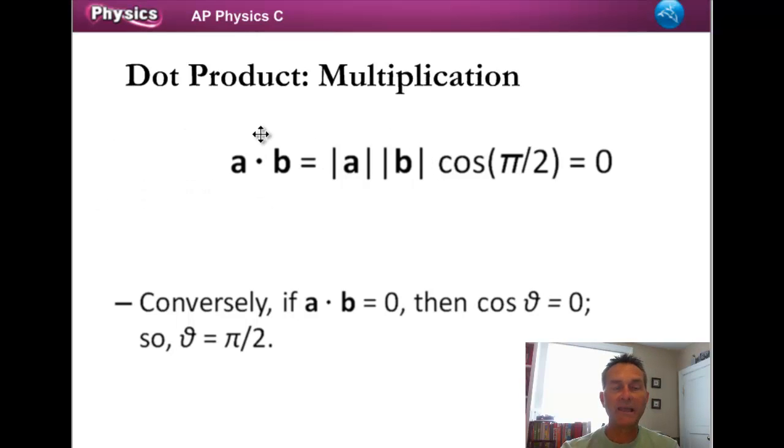So I can say the dot product of A and B is going to equal the magnitude of A times the magnitude of B times the cosine of the angle. As long as this angle is pi over 2, I'm going to get 0. Conversely, I can also say that the dot product of A and B has to be equal to 0. So anytime I calculate the dot product and I get a 0, then I know the two vectors are perpendicular to one another.